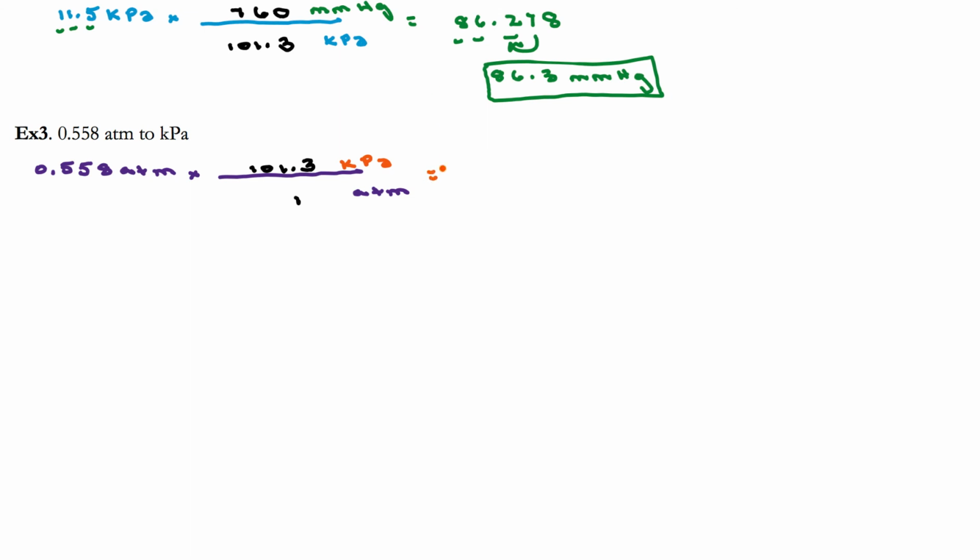And so what I'm going to do is I'm going to take 0.558, and I'm going to multiply by 101.3. And unrounded, I get 56.525. Okay, I need 1, 2, 3 sig figs, 1, 2, 3. So 56.5 kilopascals.